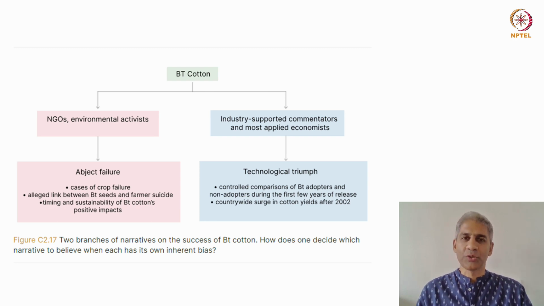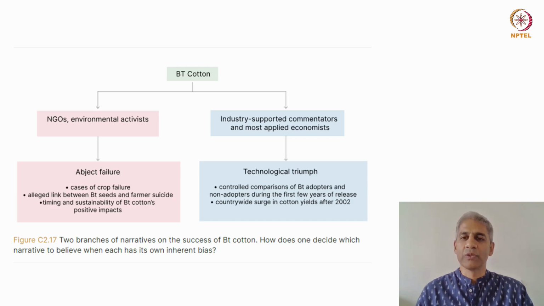So if you look at the story of Bt cotton, you have these two opposing narratives. If you ask NGOs or environmental activists, they will say that it has been a failure because there have been some instances of crop failure, or they have linked Bt seeds and farmer suicides, or there are questions about the sustainability of Bt cotton because of its high capital inputs.